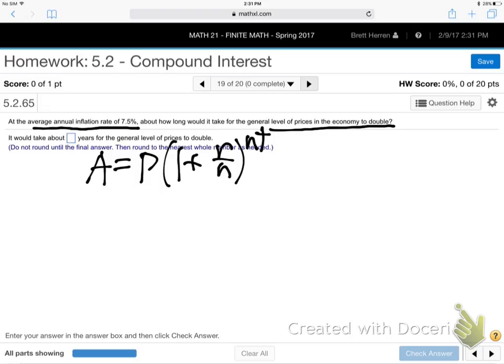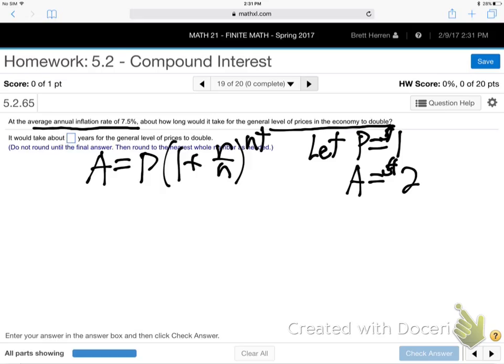But here's what I'm going to suggest. Let P equal $1 and A equal $2. There's all kinds of ways. You could just let A be 2P, and that would work fine also.